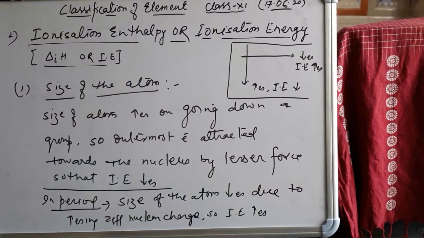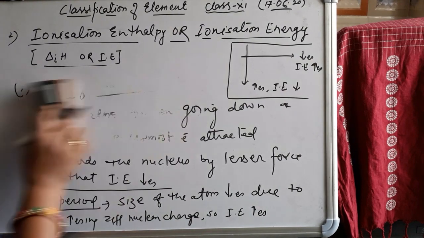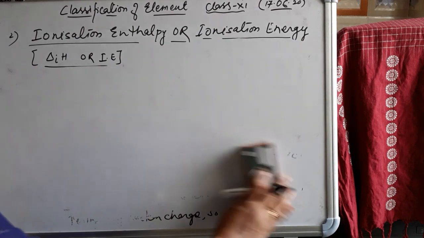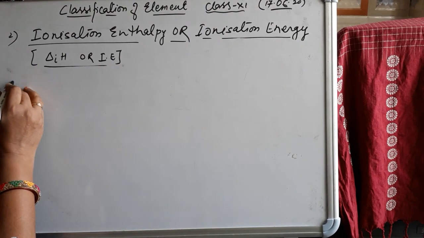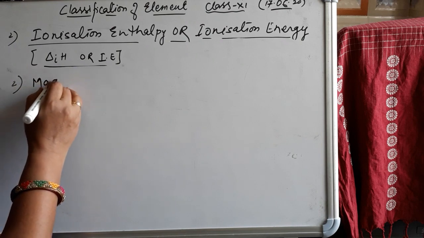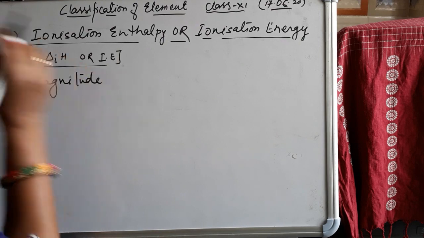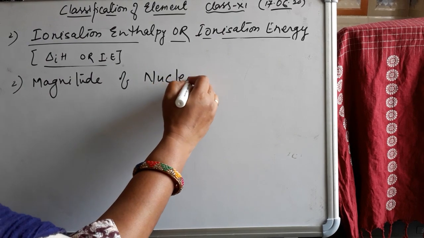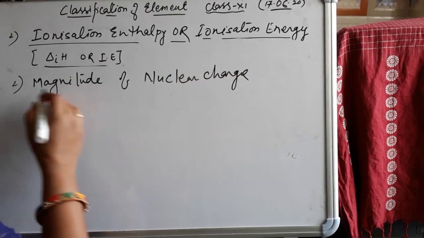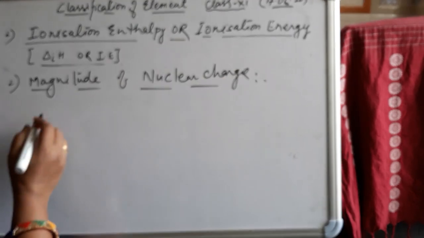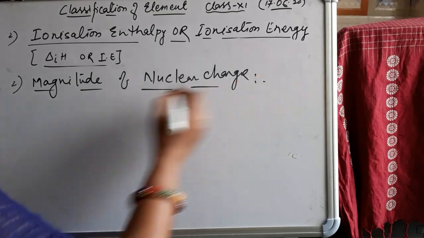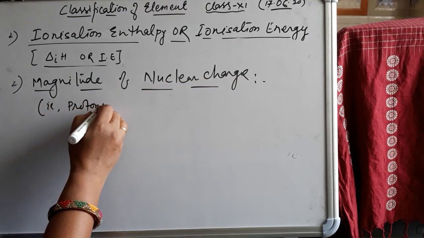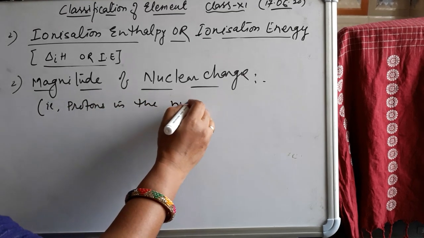Next is the magnitude of nuclear charge, the next factor on which ionization enthalpy depends. Nuclear charge means the protons in the nucleus.